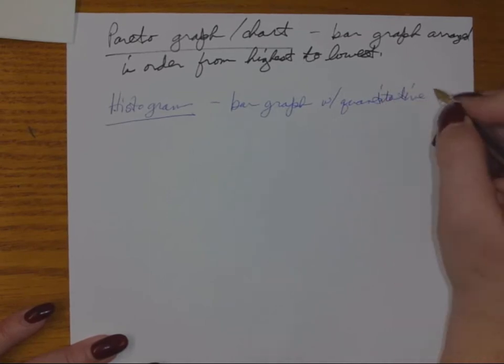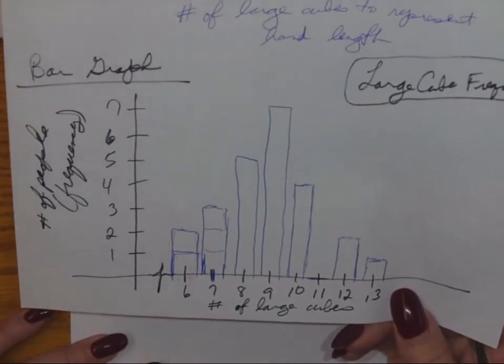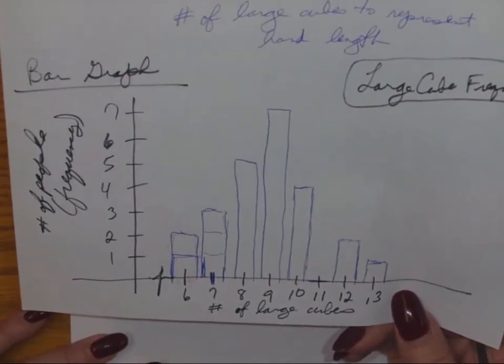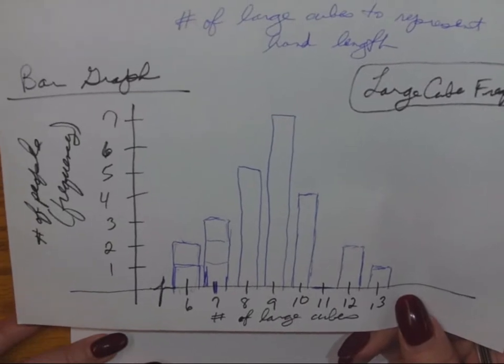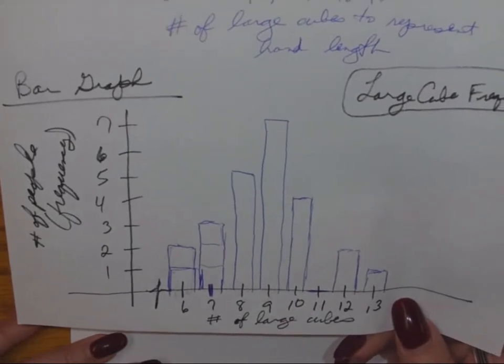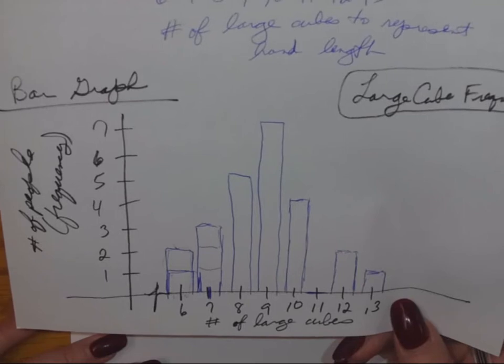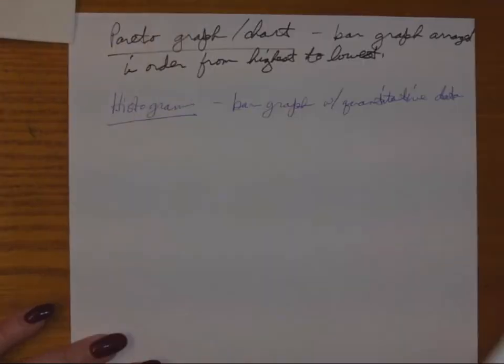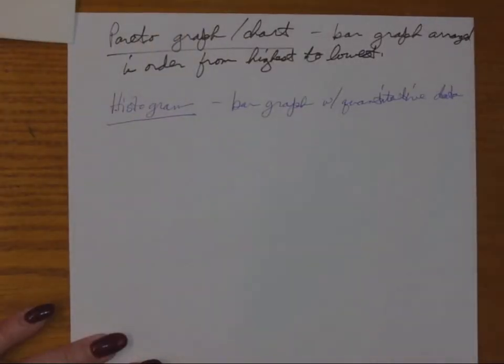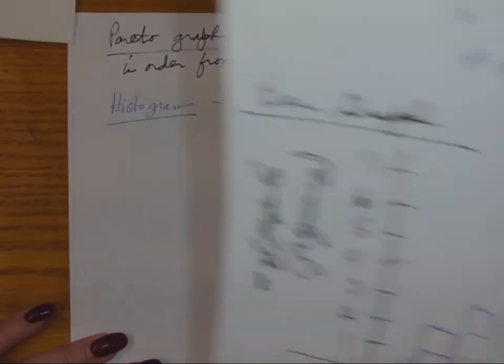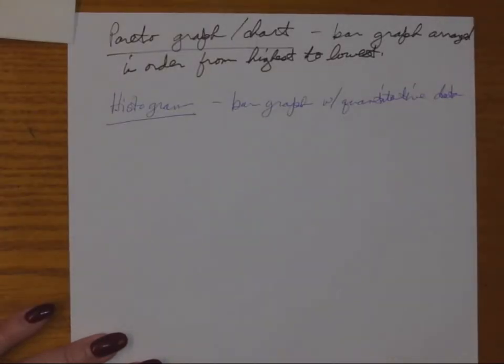So that is one of the ways that it's going to be different from the bar graph. The bar graph can be quantitative data, but like I just said, a lot of times you'll see it's qualitative data. What's your favorite color? What's your favorite place to eat? Whatever, okay? So those are more qualitative, and they have individual bars like this.